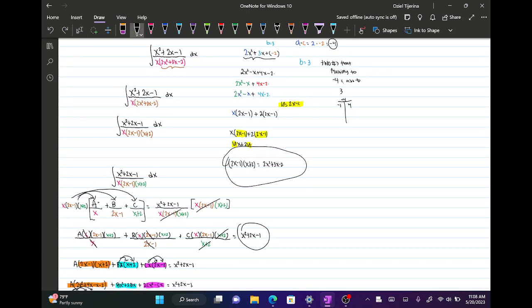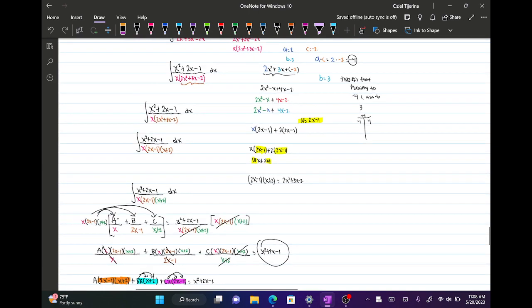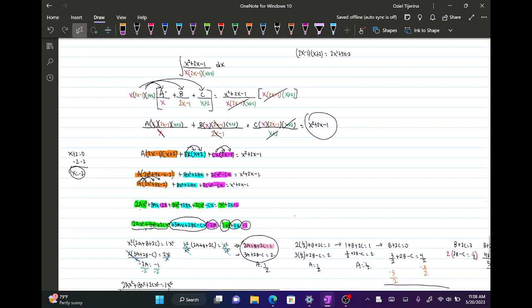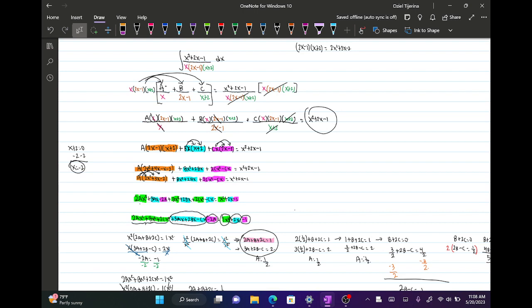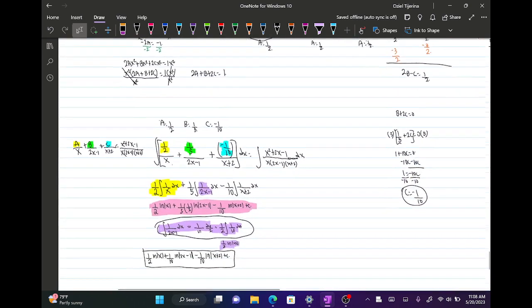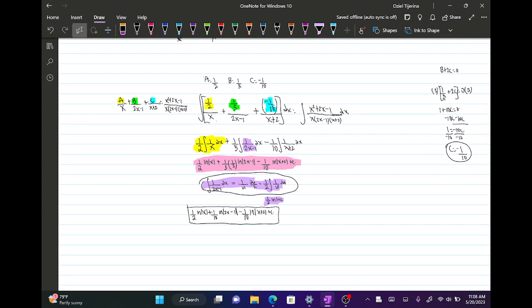I did the factoring for 2x squared plus 3x minus 2. I put that back in there, and then I did the whole thing with partial fractions. I used partial fraction decomposition. That was another topic of algebra. And then lastly, I just used my methods of integration.